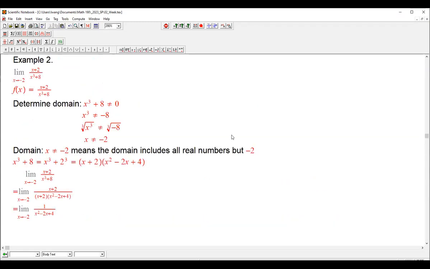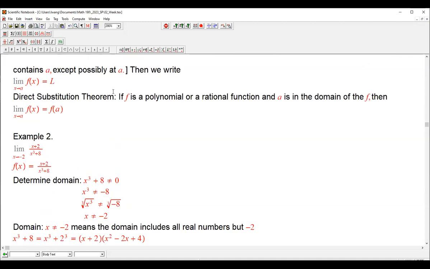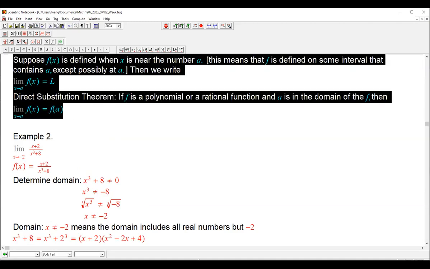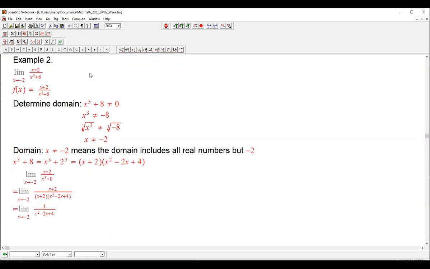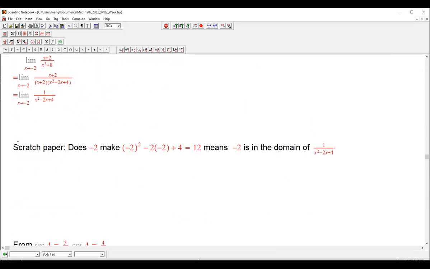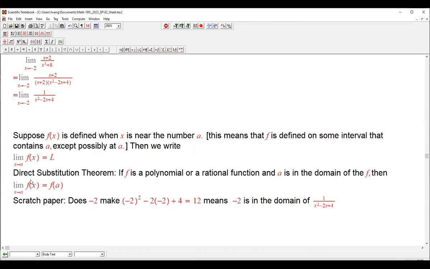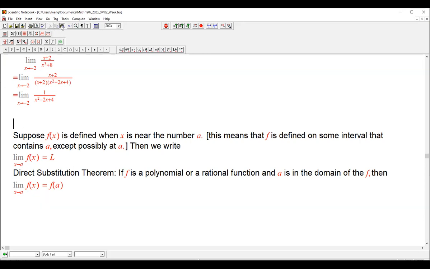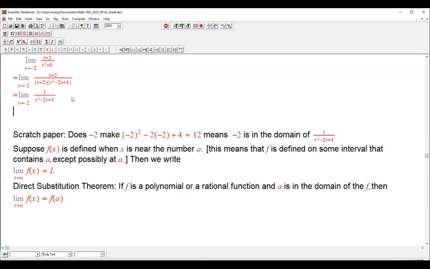Okay, so then we can apply the direct substitution property here, and then we can plug in. The scratch paper work, I'm going to put it on the bottom. Okay, these are on scratch paper. So here you can just continue the process by direct substitution.